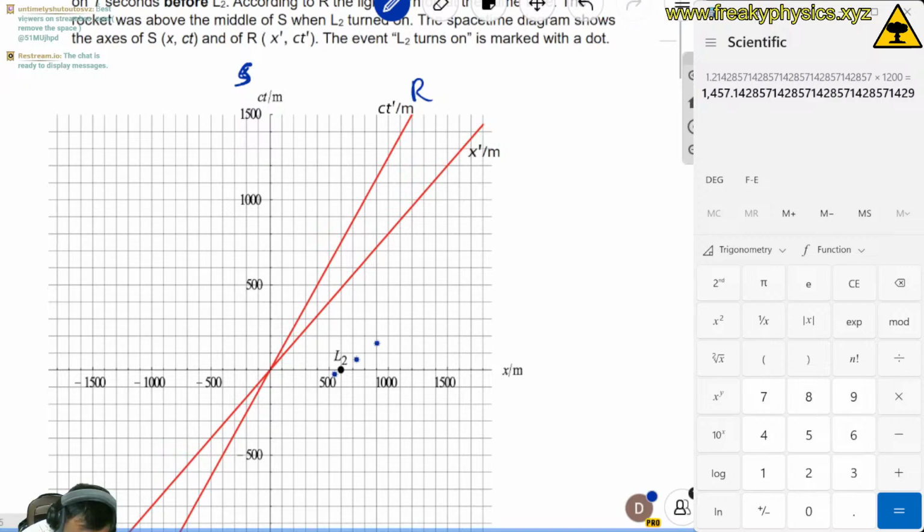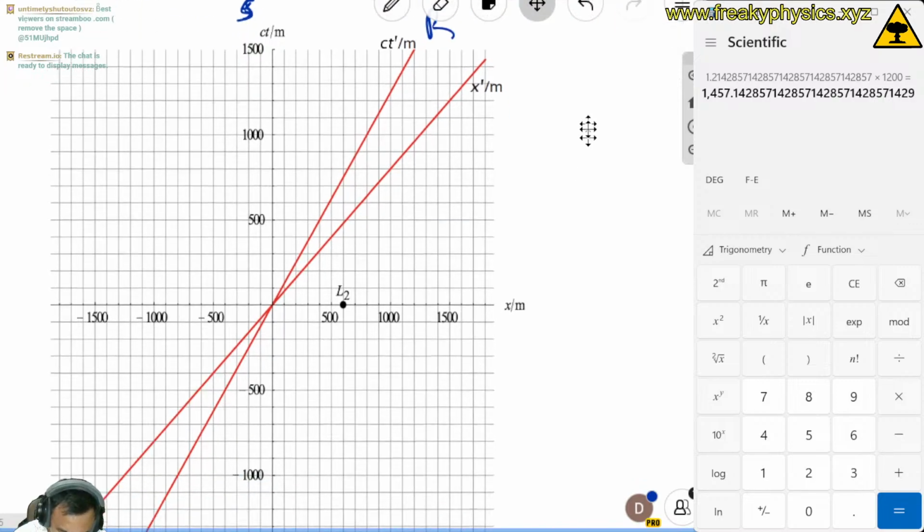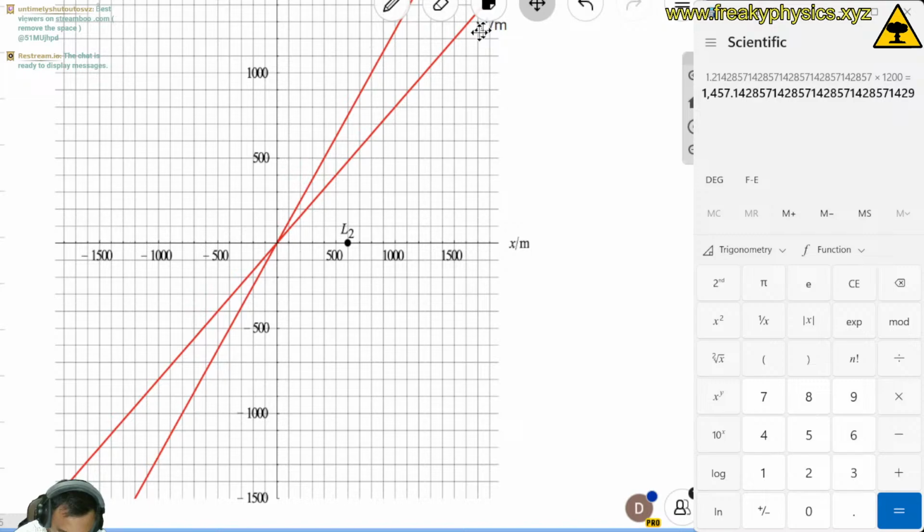If we draw some lines here for now, that's the x-axis. The easiest way to do this is actually use the fact that it happens at the same time for the rocket. Being that, we're gonna follow the rocket's x-axis like so. You draw a line that's parallel to it.